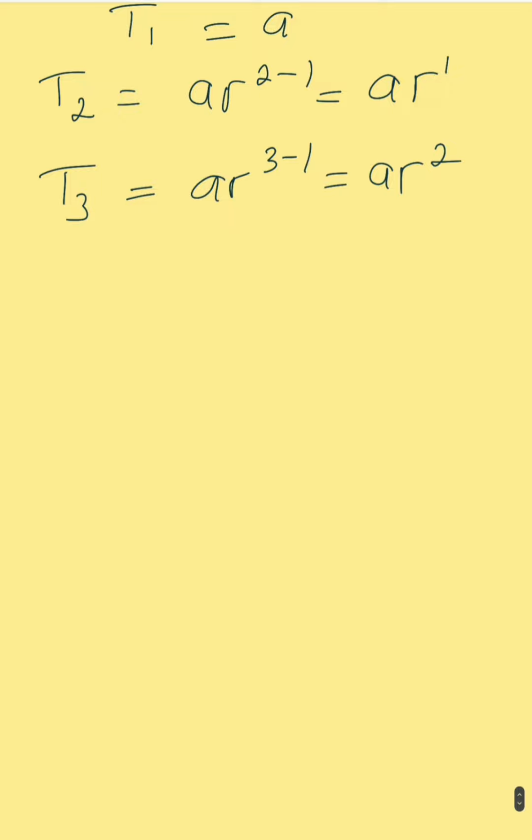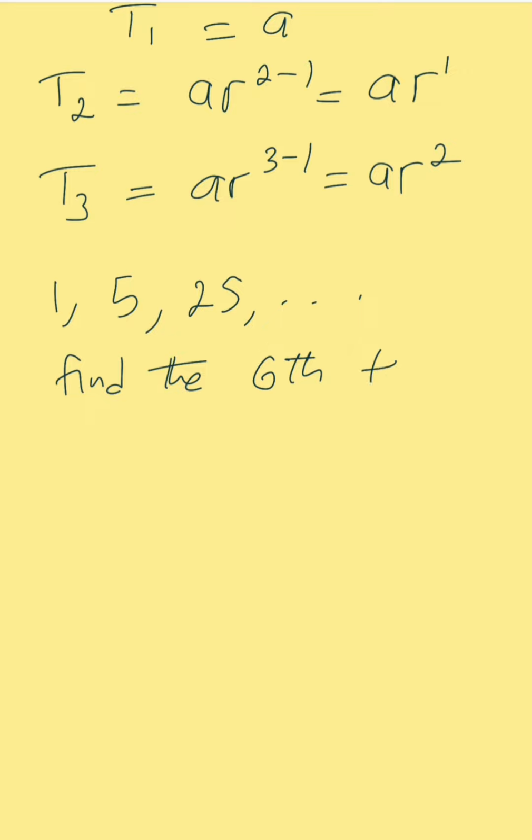Supposing you have a geometric progression, let's say 1, 5, 25, etc., and you are asked to find the sixth term of this particular sequence. You understand that if you wish to get the sixth term, you keep on multiplying by 5, and 5, and 5, because the common ratio here is 5.